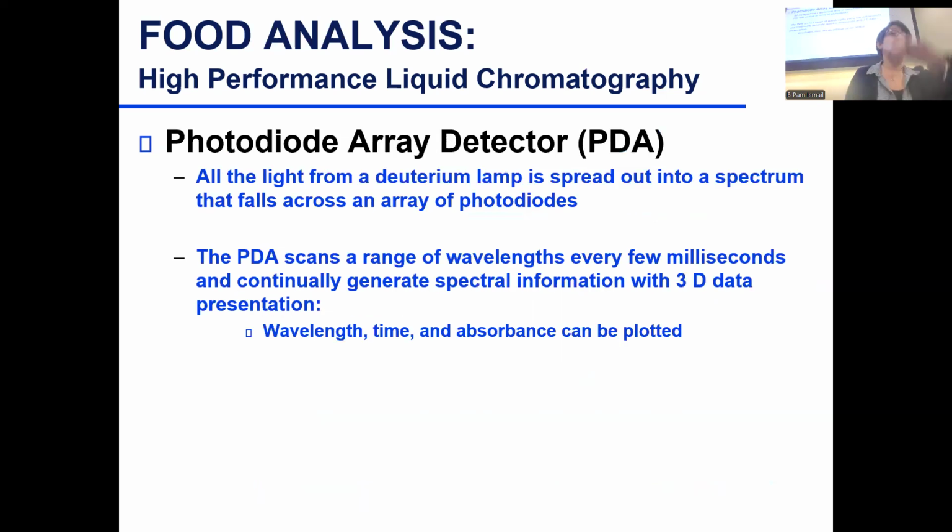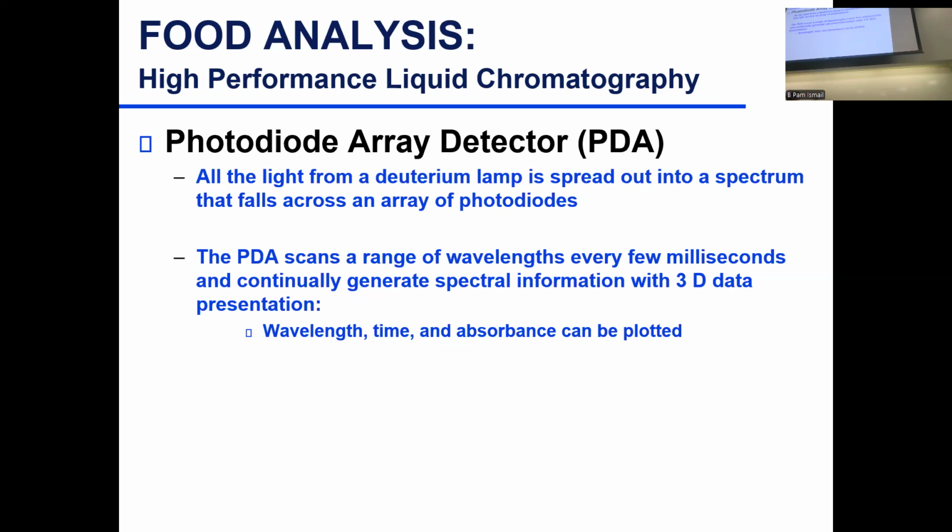Okay. Now, the photodiode array detector is what you use in the lab. And I'll tell you the difference. And when we cover spectroscopy, I'll talk about that more in detail. But in UV vis variable versus PDA, so you have the flow cell.